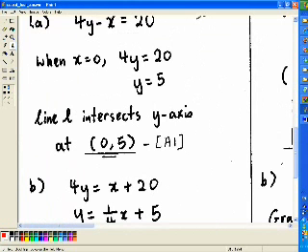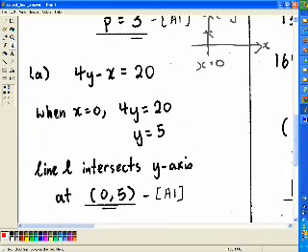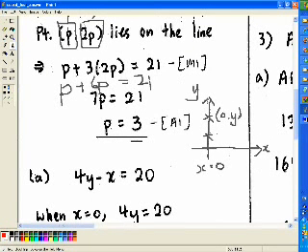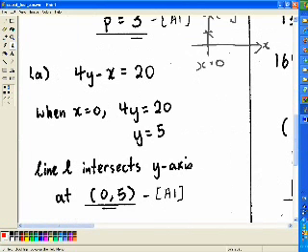That's why in your answer over here, it says x equals 0, because the line touches the y-axis at x equals 0. And that's why we put 0 into this x over here. So when we put 0 into this x, it becomes 4y minus 0 equals 20.